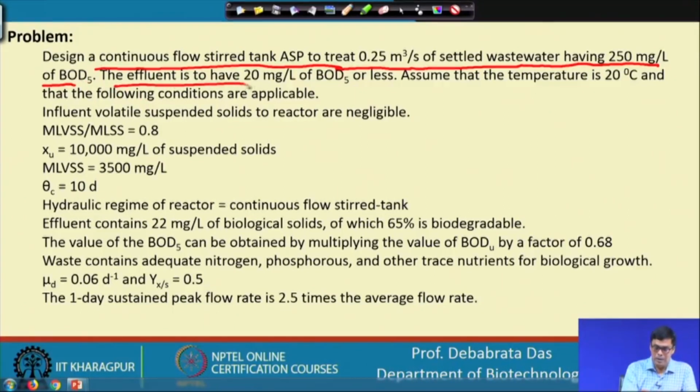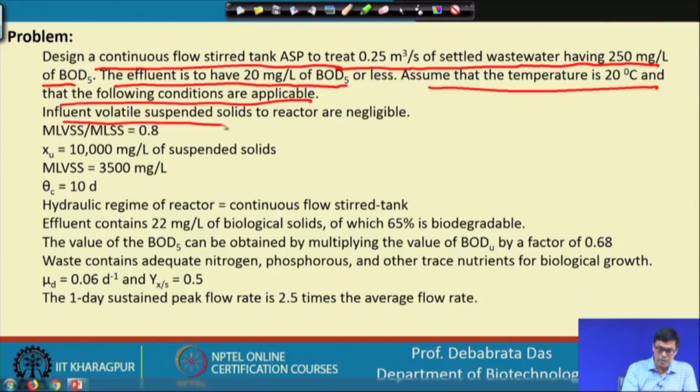The effluent should have 20 milligram per liter of BOD5 or less. Assume the temperature is 20 degrees centigrade and the following conditions are applicable. The volatile suspended solids in the reactants are negligible. MLVSS means the cell mass concentration in the reactor.